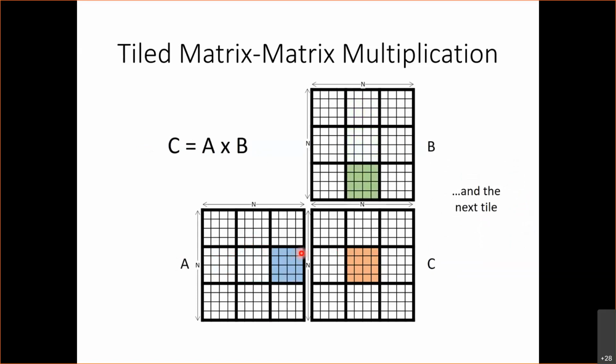So in general, if I have a tile width by tile width tile size, then every thread will reduce its number of global memory accesses by the tile width. Because rather than loading the entire row, they do 1 load for every tile width elements, and then they access tile width elements from the shared memory. Okay, clear?